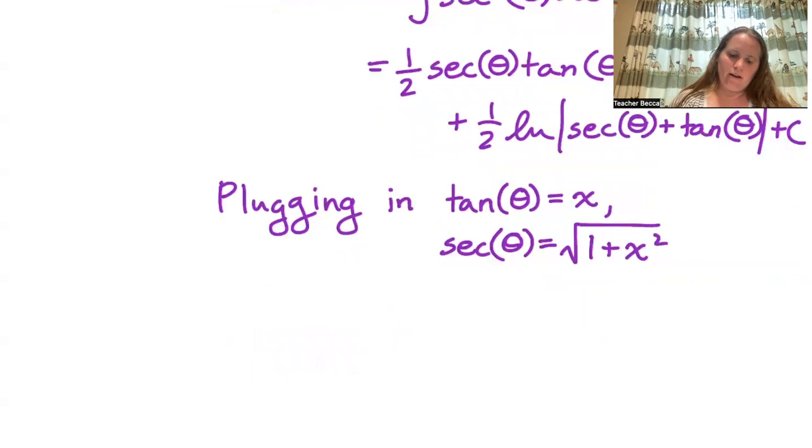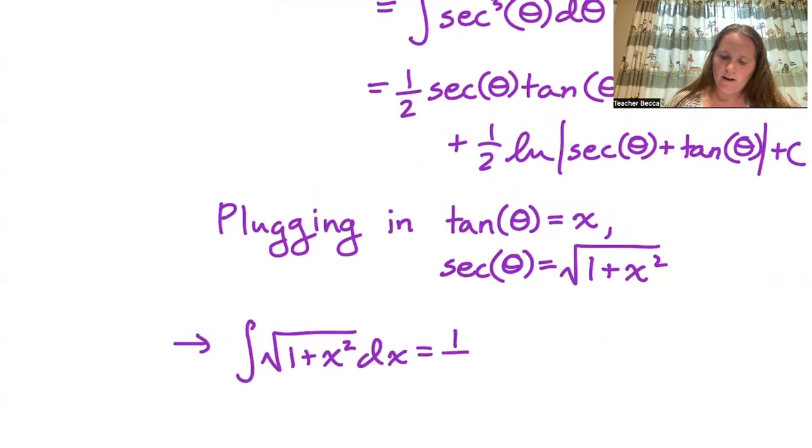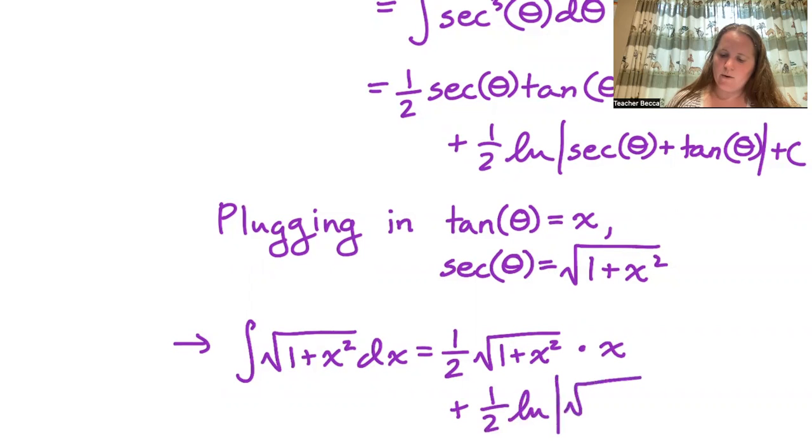And we are looking at the integral of the square root of 1 plus x squared dx is equal to 1/2 times the square root of 1 plus x squared times x plus 1/2 of the natural log, the absolute value of the square root of 1 plus x squared plus x, and absolute value, plus c.